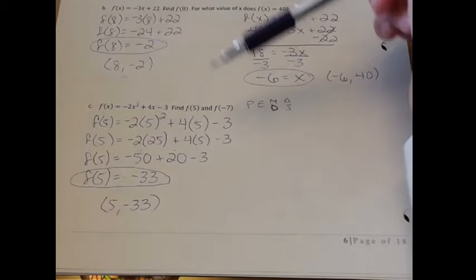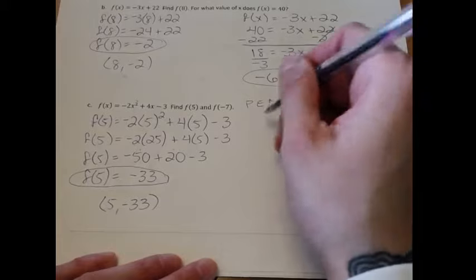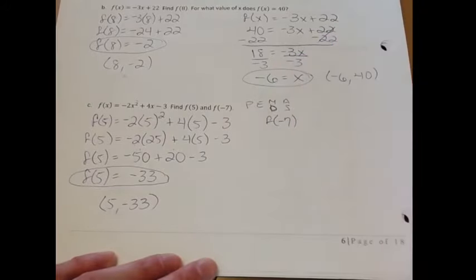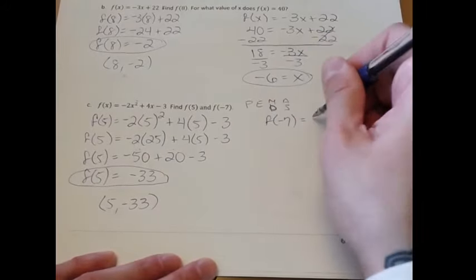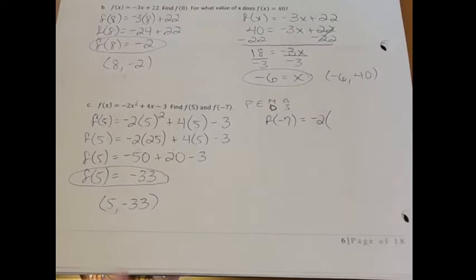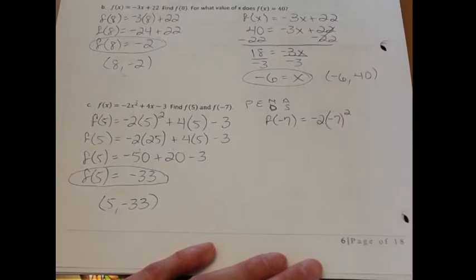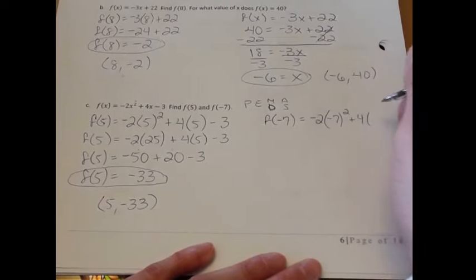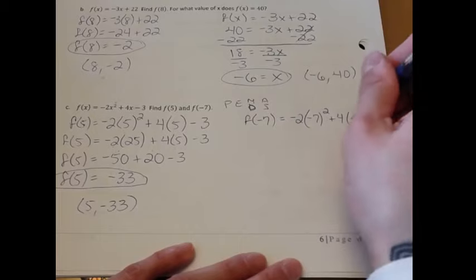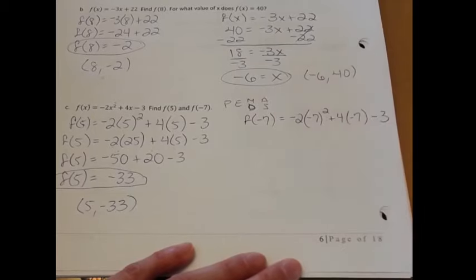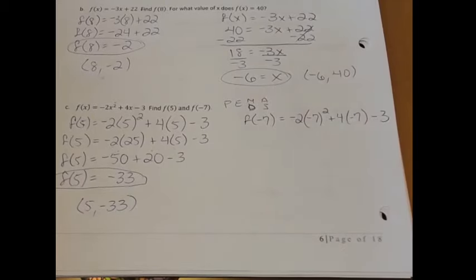Okay. Let's do it again. We want f of -7. So f of -7 is equal to -2 times, use parentheses. Parentheses is going to be super important. -7 squared plus 4 times -7 minus 3. Okay.